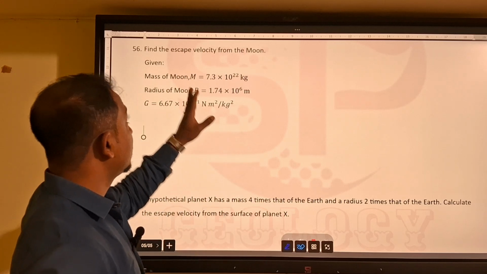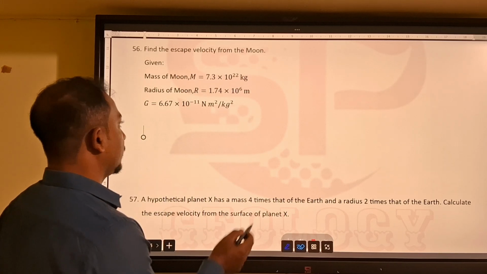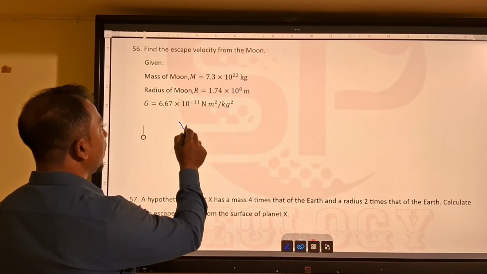Next comes another, that is the escape velocity of the moon. I will apply the same formula.